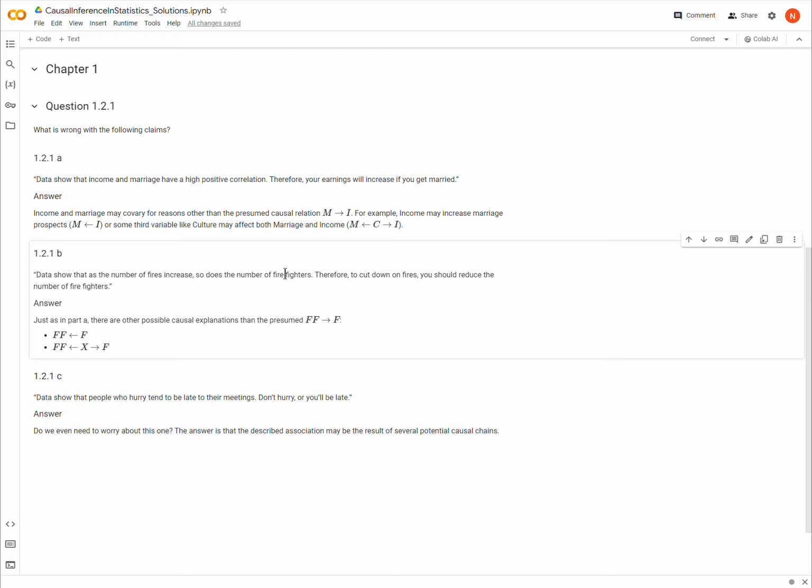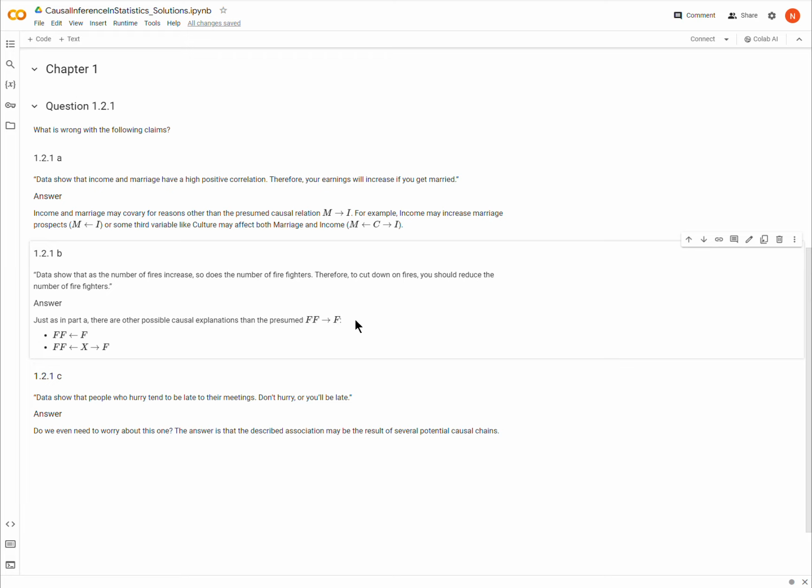Well, the answer is because the claim finds this association between firefighters and the number of fires, and then it makes a causal assumption that may or may not be justified. In this case, it's probably not justified. The claim that's being made is that firefighters cause fires, right?